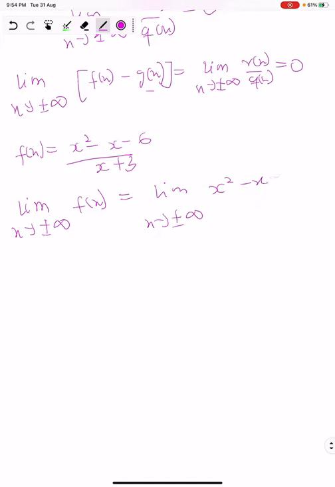If I have f of x equal to x squared minus x minus 6 divided by x plus 3, since the degree of the numerator is higher than the degree of the denominator, we can divide. So we have the limit as x approaches positive and negative infinity of f of x, which is equal to the limit of x squared minus x minus 6 all over x plus 3.